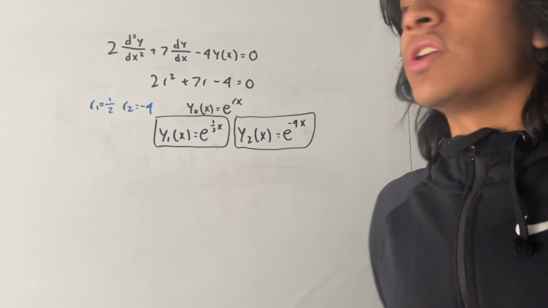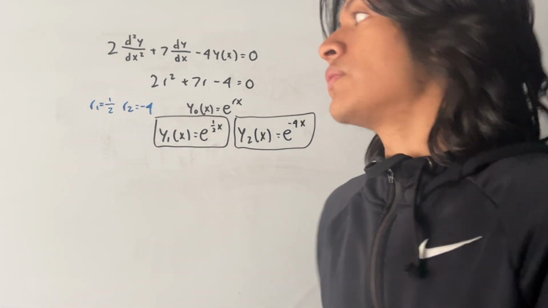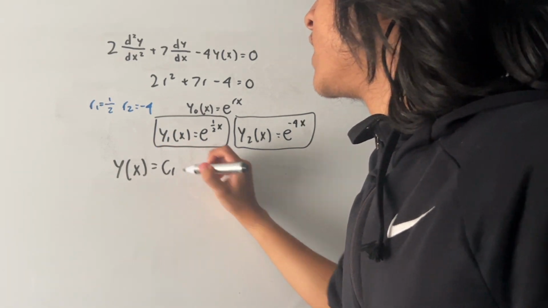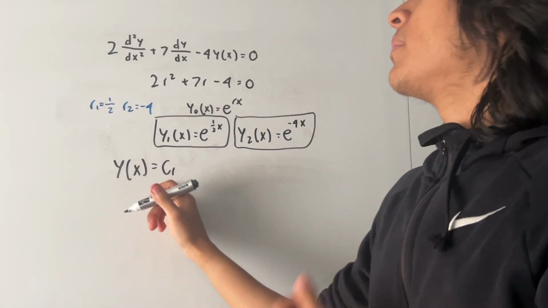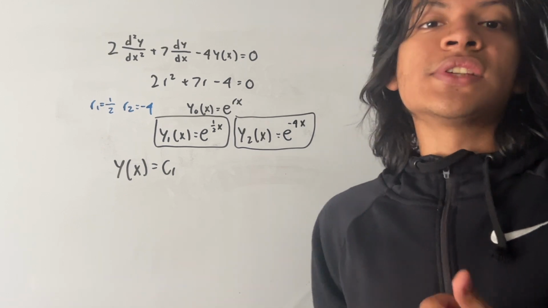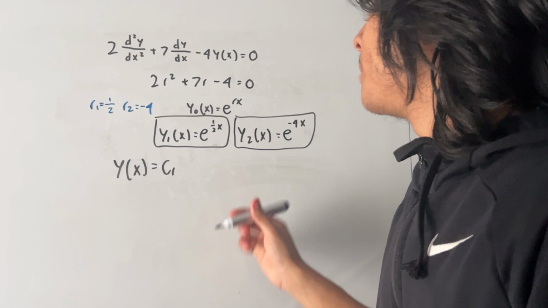But if we want the general solution for this, we're going to be using the general solution formula. So y of x is going to be c1. This is our constant, but because this isn't an initial value problem, we're not going to be solving for this constant. We're just going to leave it as it is. This is just the general solution for it.